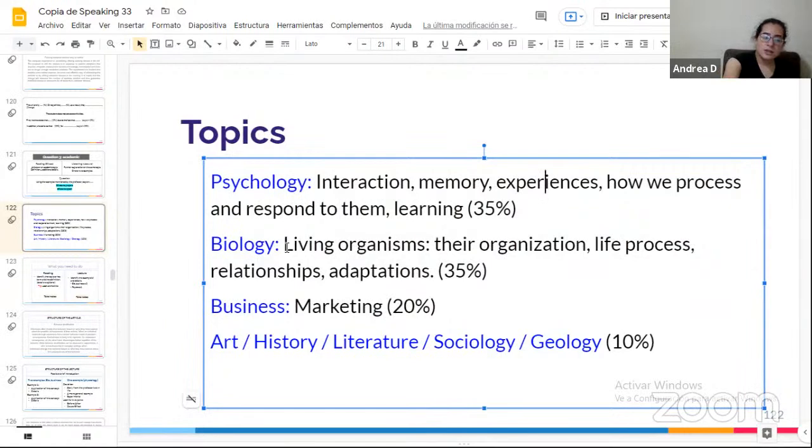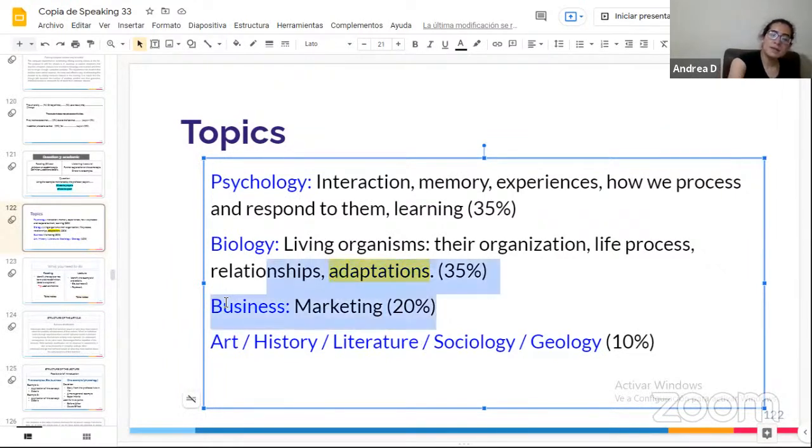Then biology, it's always about animals or plants and how they are organized, how their life processes are, the relationships, how they adapt. That's something that I've personally seen a lot. So maybe how certain animals adapt to climate change, or how they find food, or how they avoid predators, that kind of thing. Usually animals or plants, you don't have human biology.